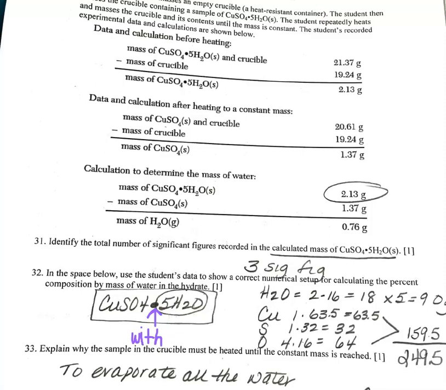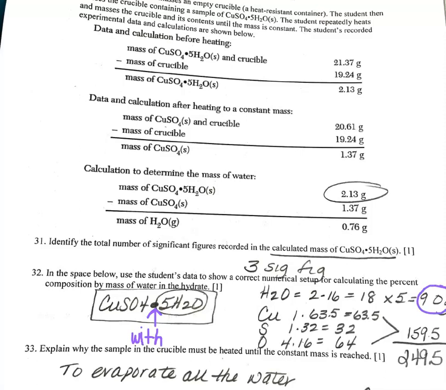Circle is part, square is whole. So 1 water is going to be oxygen, 16, plus 2 times 1 hydrogen, so 18. So I did my mass of 1 water here. I multiplied it by 5 to get 90 grams. 90 grams represents my part.